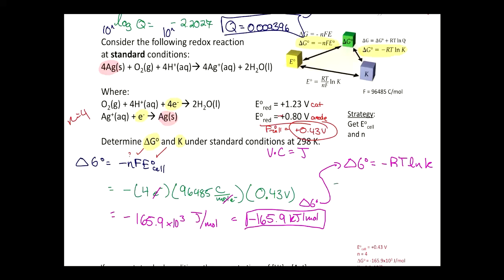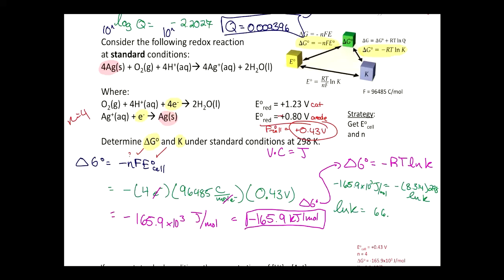Make sure delta G is in joules, so negative 165.9 times 10 to the 3 joules per mole equals negative R, so use the 8.314 version of R, temperature 298, natural log of K. I'm just going to isolate that natural log of K. Natural log of K equals negative 165.9 times 10 to the 3 divided by negative 8.314 divided by 298. I get natural log of K equals 66.96.